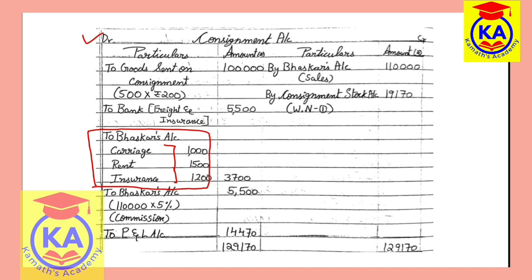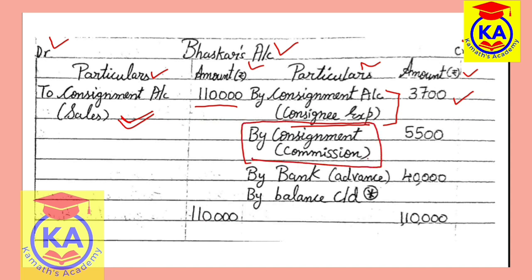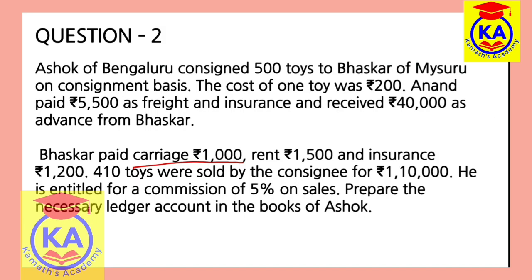Now, for the commission to Bhaskar's account, commission 5,500 is written, right? So in Bhaskar's account, by consignment, bracket commission 5,500.